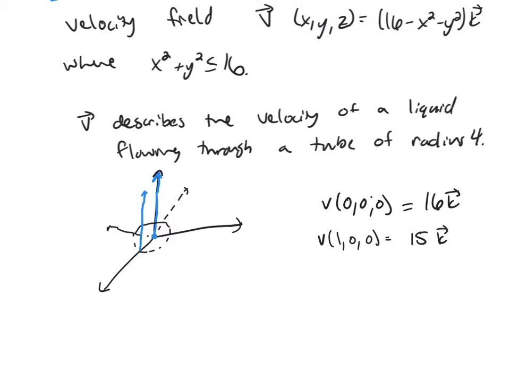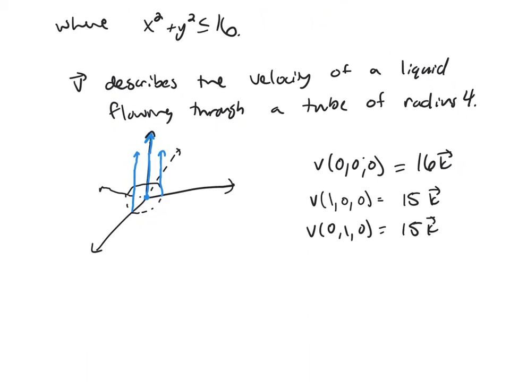Okay, there you go. And you can plug in other points on the circle. V at (0, 1) you'll still get 15k. You'll always get a vector of length 15. You always get 15k at any point on the unit circle.